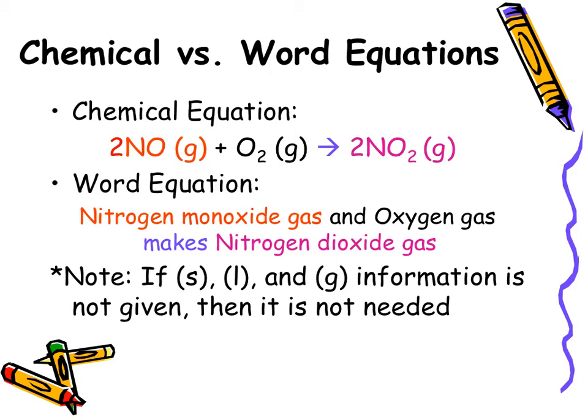So when I write out the word equation, I would say that nitrogen monoxide gas and oxygen gas make nitrogen dioxide gas. Notice that I said the full name of each substance. I said what state of matter it is. In this case, these were all gases. And for the plus sign I said and, and for the arrow I said makes.